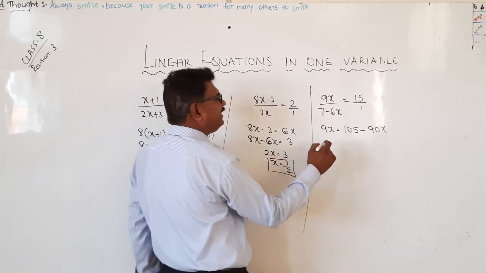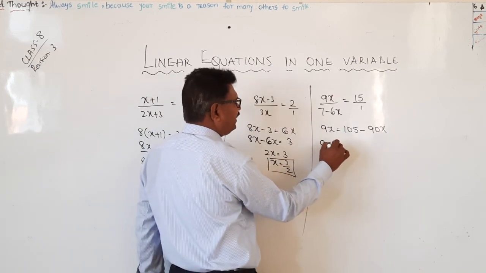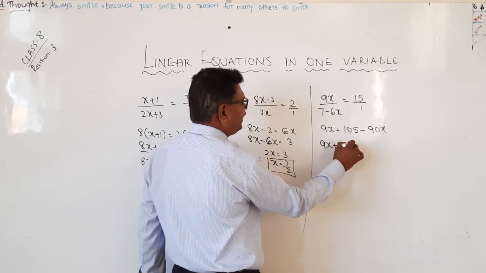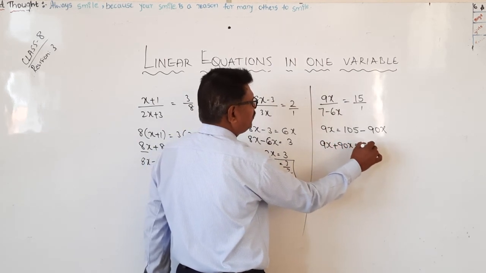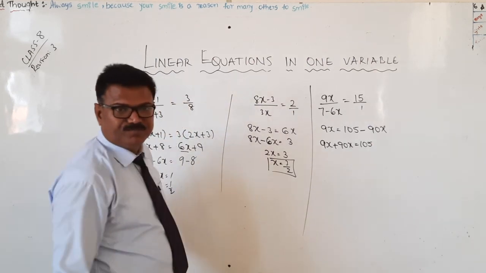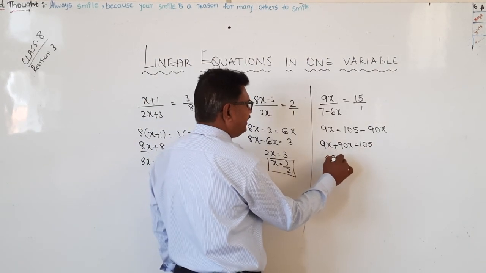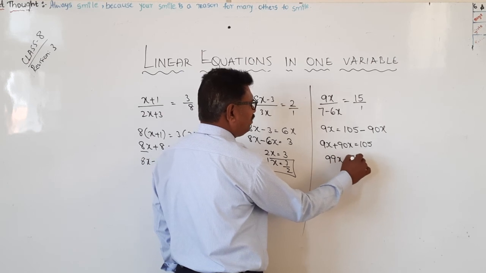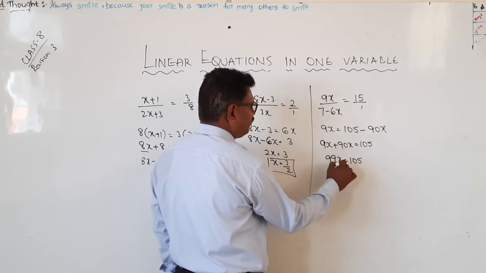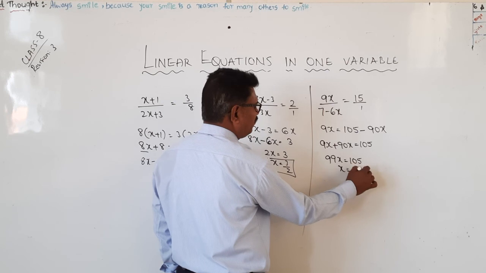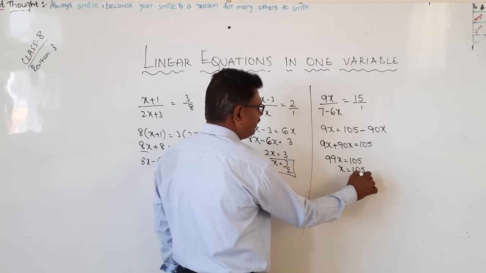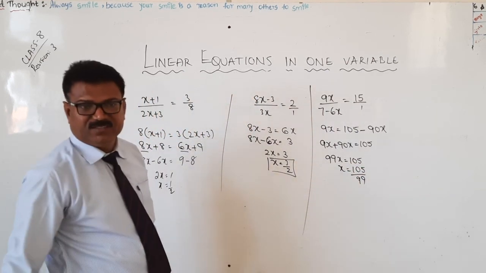Now bring that 90x here: 9x plus 90x is equal to 105. Now 90x plus 9x is 99x, equal to 105. Therefore x equals 105 divided by 99.